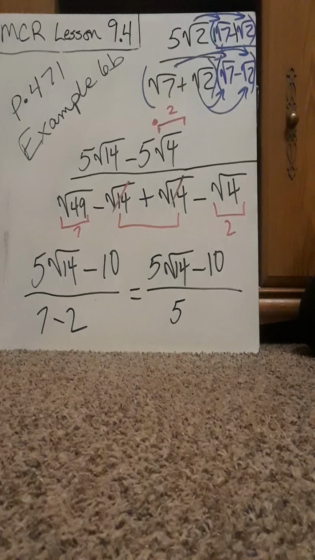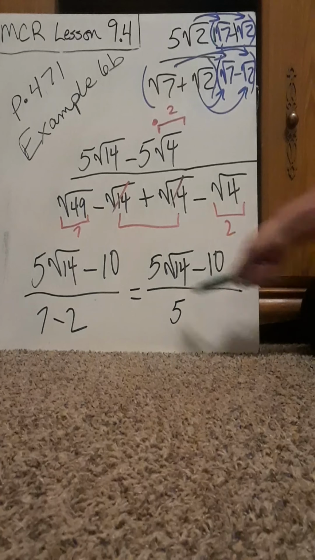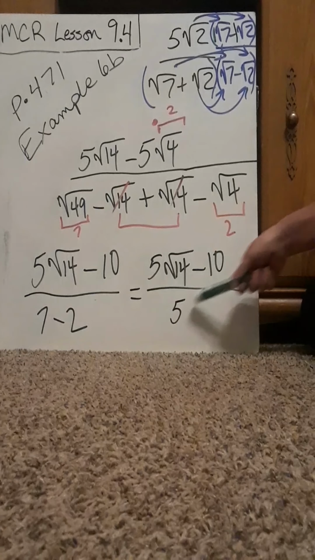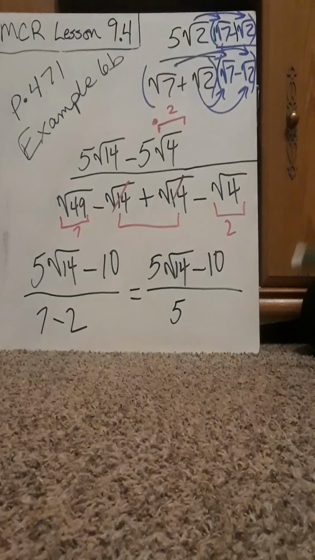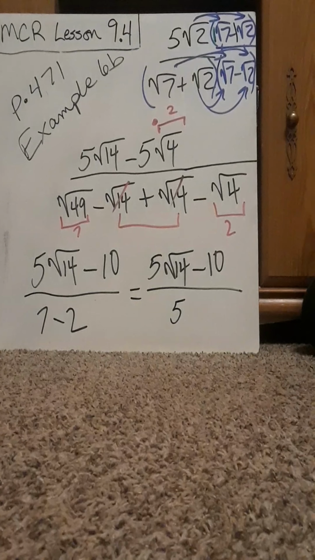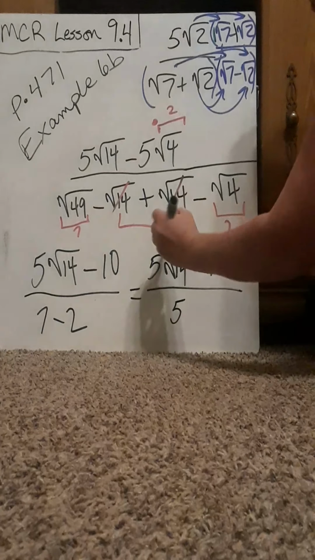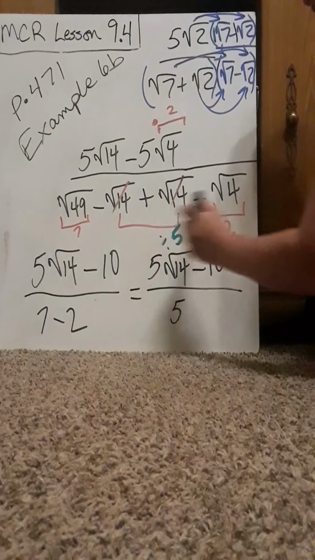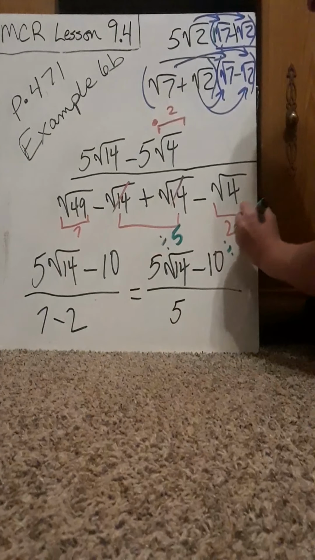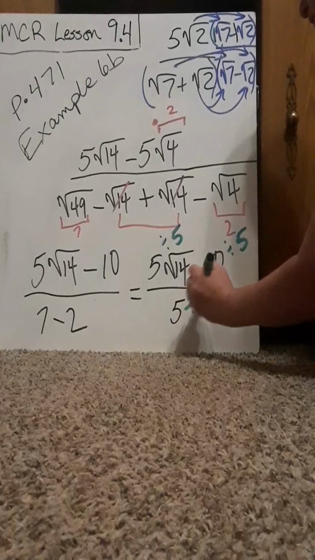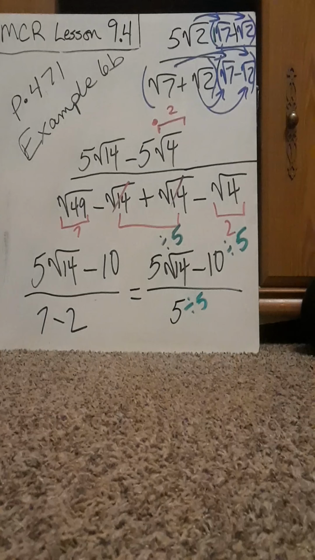And you still want to reduce and simplify this fraction as much as you possibly can. If there is a number that you can divide all of these numbers outside the radicals by, you need to do that. So they're all divisible by 5. So what you need to do is go through and divide each of these numbers by 5. That will give you a final answer.